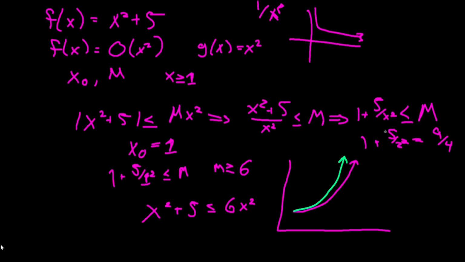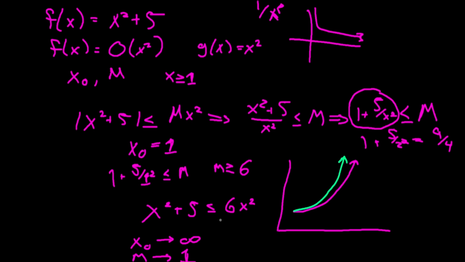And you can see that this expression right here has a limit of 1. So as we make x0 bigger and bigger, that means that we can choose m closer and closer to 1. So that's just an aside.